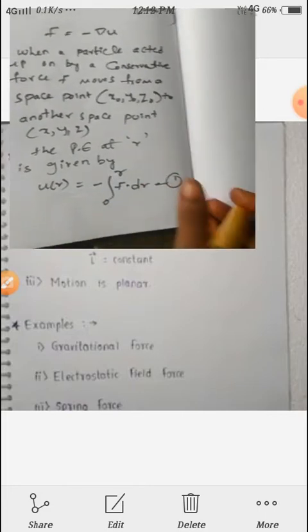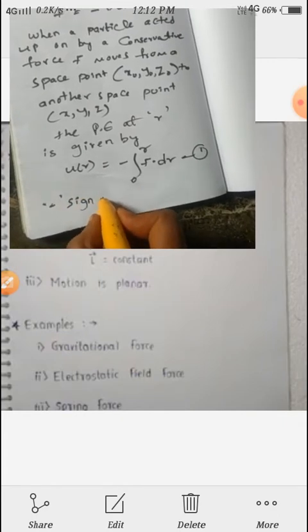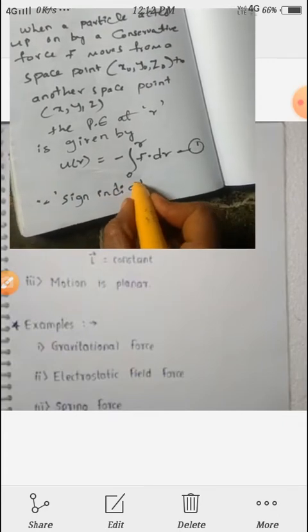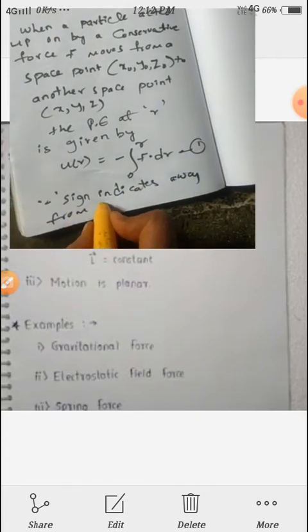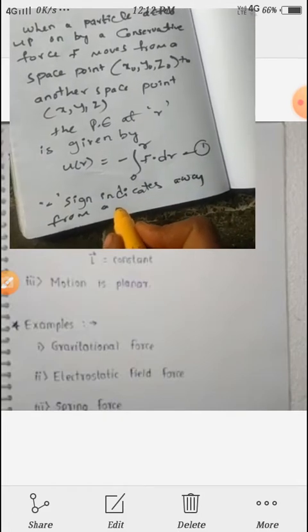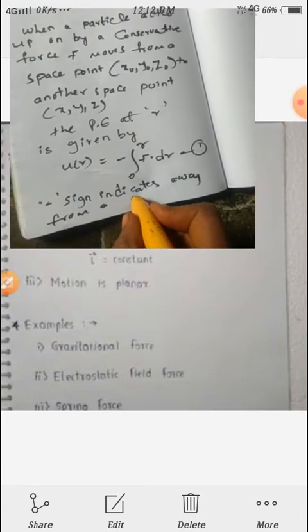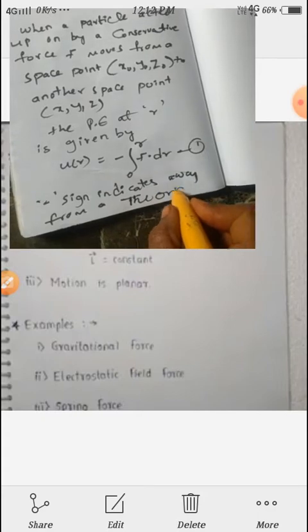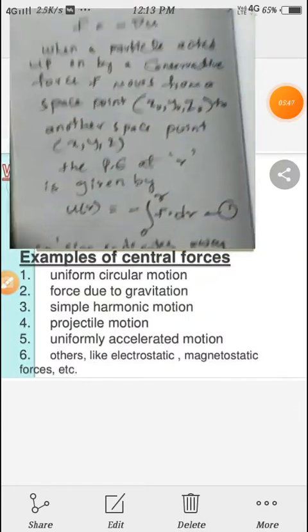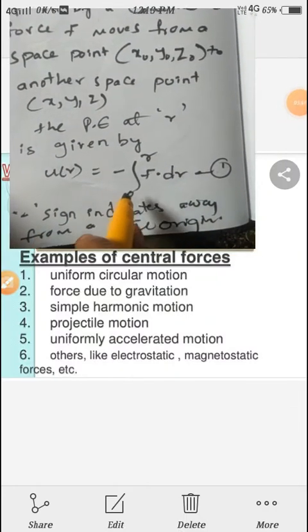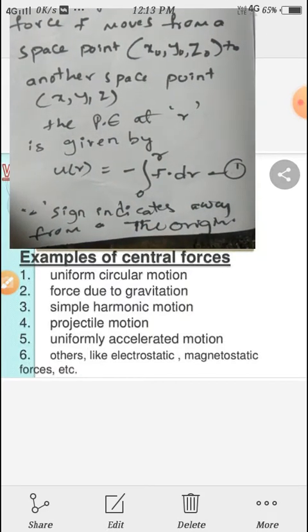So U of r, the potential energy, is equal to minus the integral of F dot dr from 0 to r.